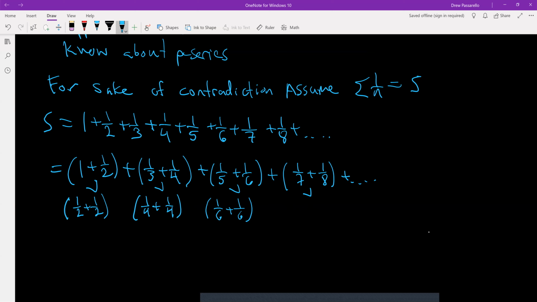And then this is greater than 1/8 plus 1/8. So essentially all of this is going to be greater than adding these.